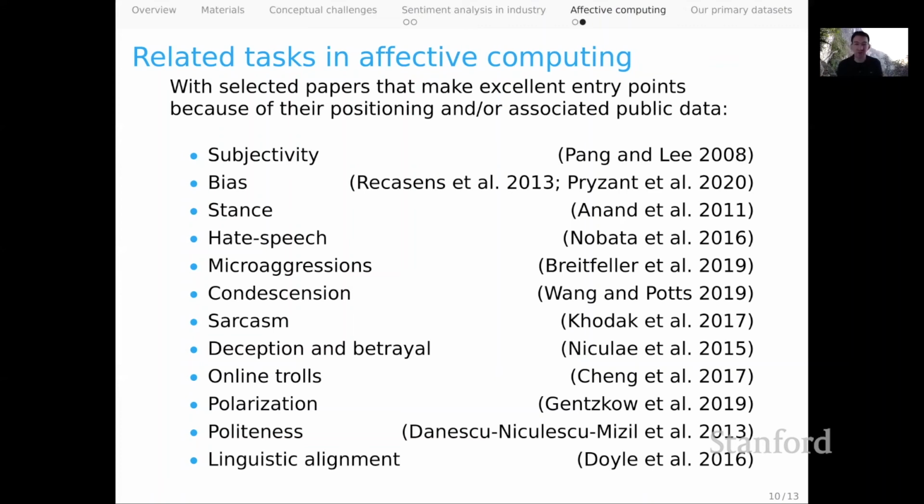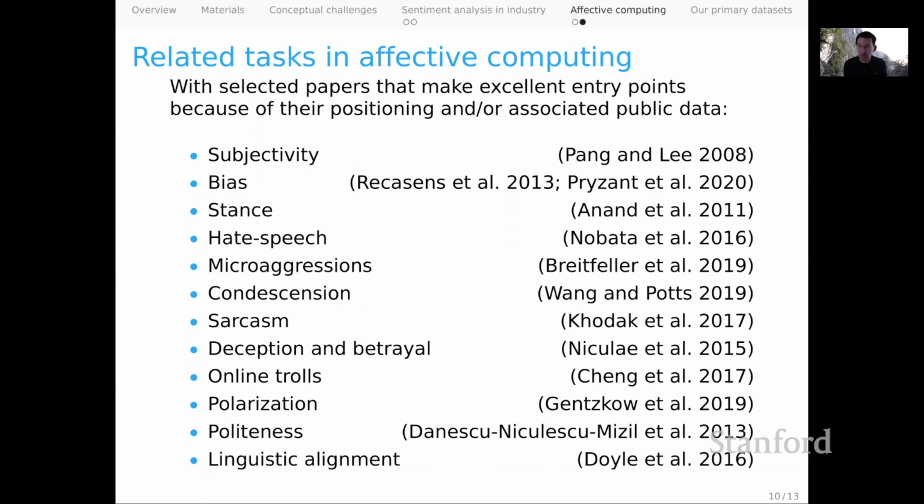These are all deeply social things that are influenced by and shape our language. And I've selected these papers in particular because all of them have really nice, crisp statements of the problem and/or really great public data sets that you could use for experiments in this wide world. I think that's a very exciting space to explore as a kind of next step from what we're doing in this unit.